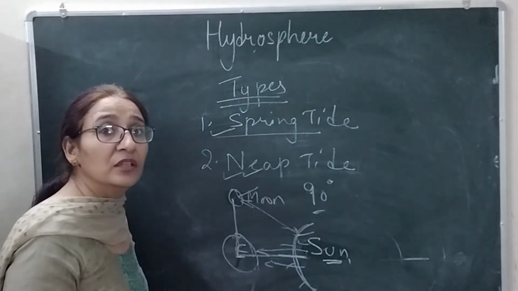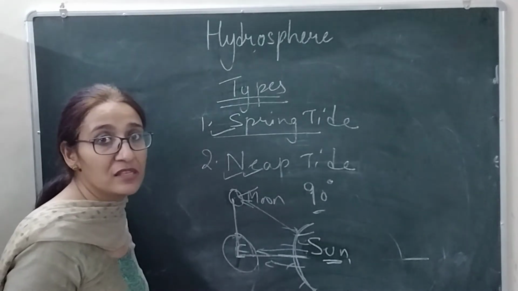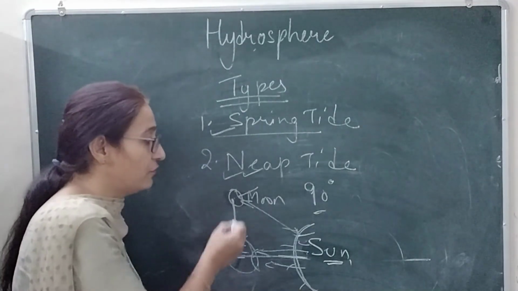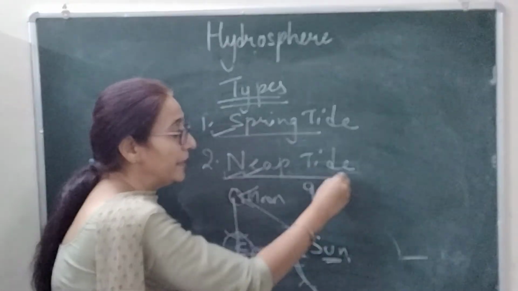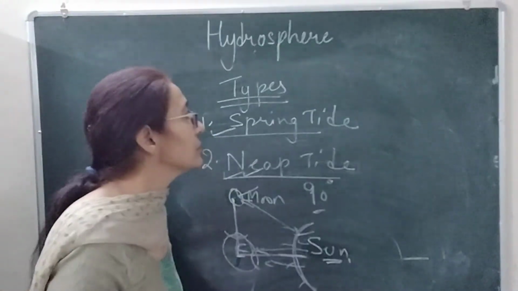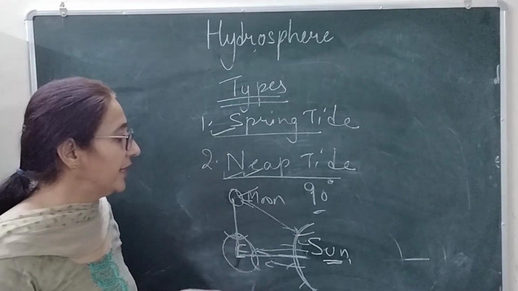So the gravitational force of both bodies will be counterbalanced. As a result, the Earth is not able to get maximum gravitational force from both bodies, so neap tide or low tide will occur. This is about the types of tides, spring tide and neap tide.